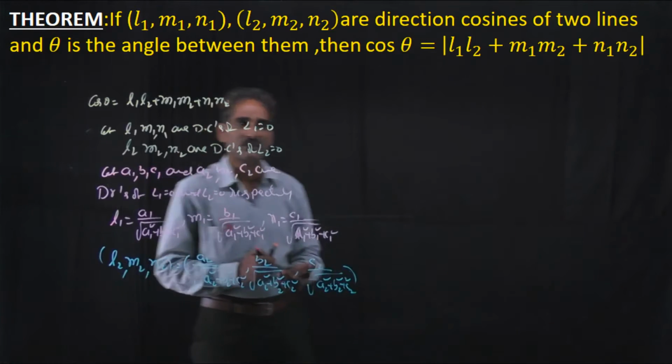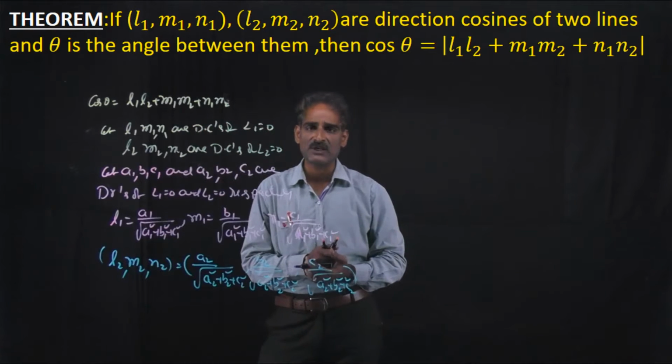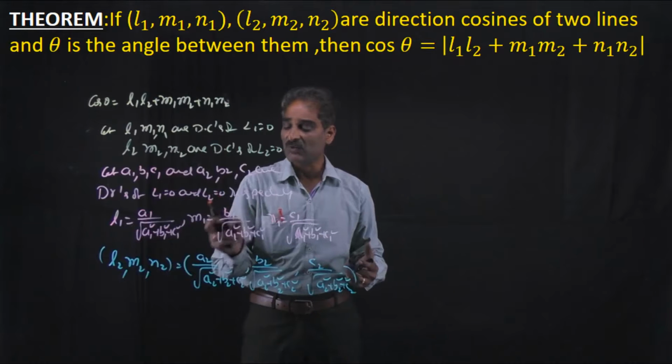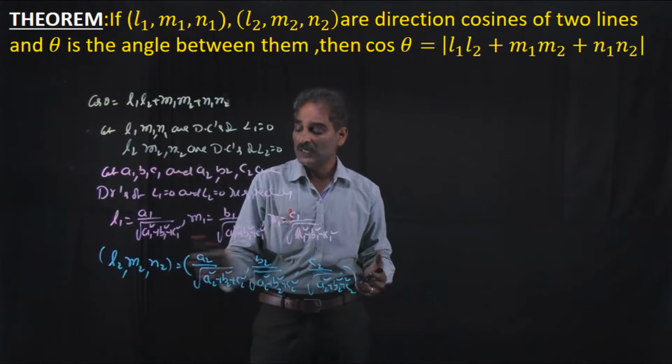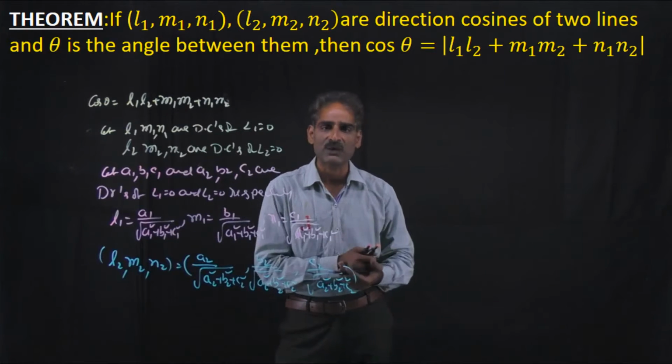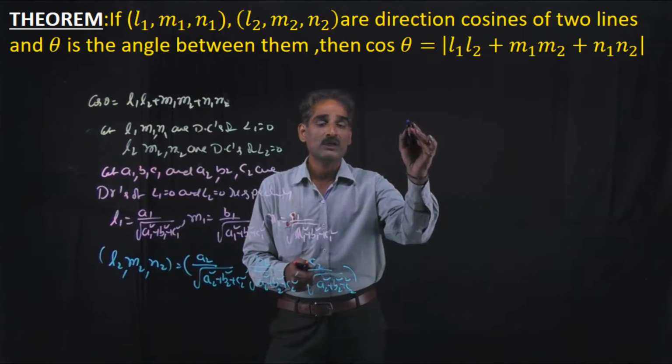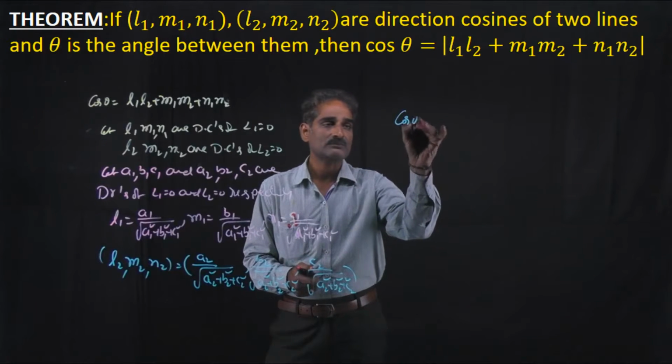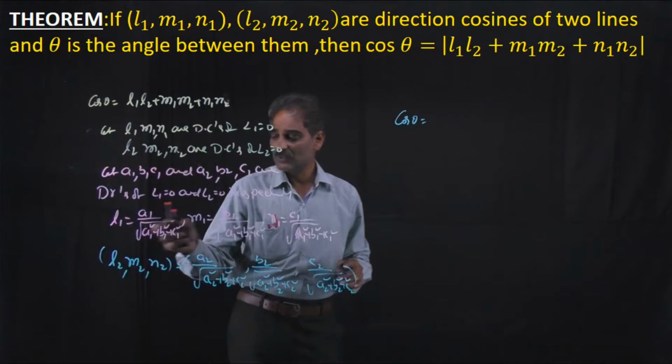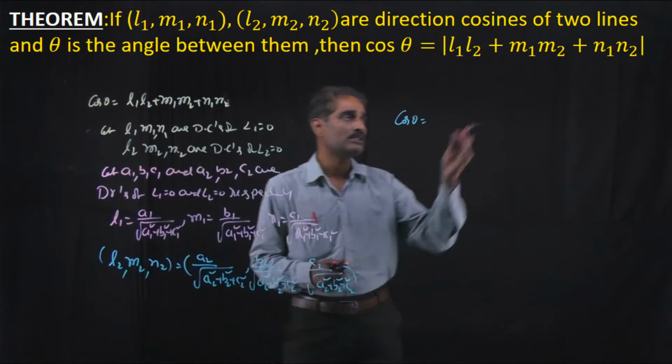How to write cos theta in terms of DRs? Just replace L1, M1, N1 and L2, M2, N2 by these values. We will get a formula in terms of DRs. So now cos theta becomes, substitute L1, M1, N1 and L2, M2, N2 in this formula.